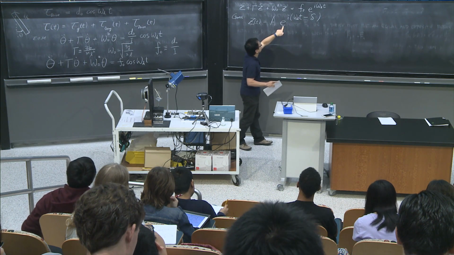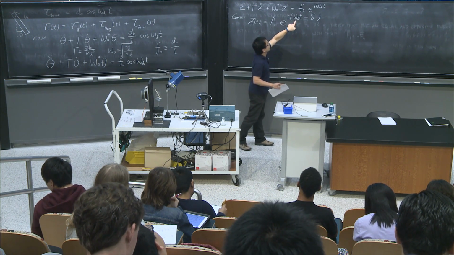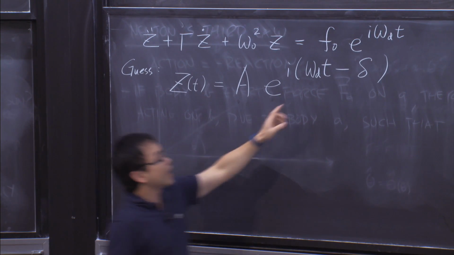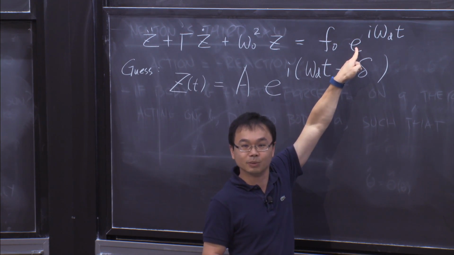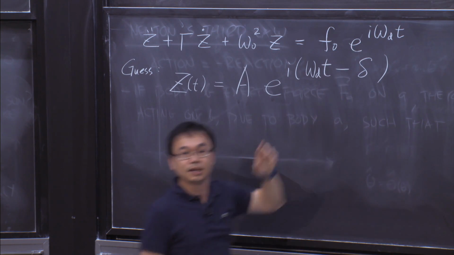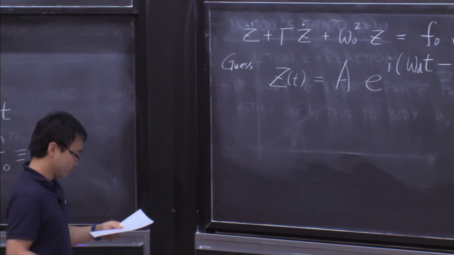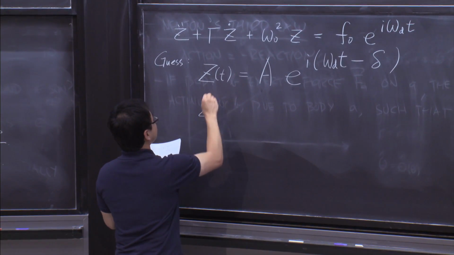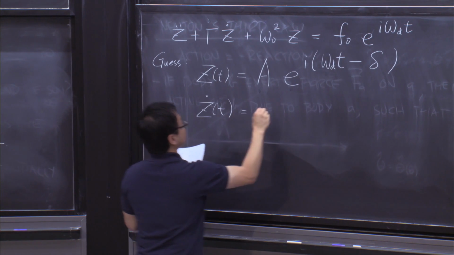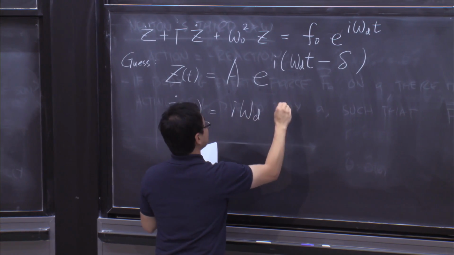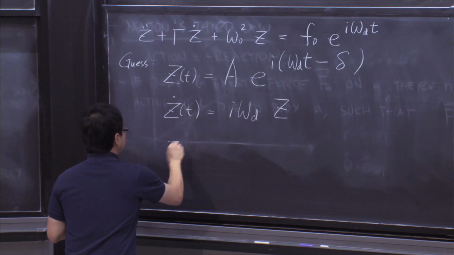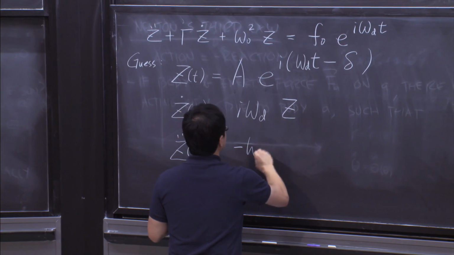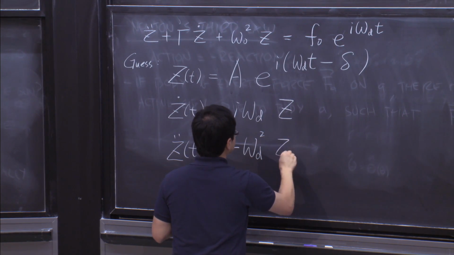You can see that this exponential has angular frequency ω_d, and that is designed to cancel this exponential i ω_d t in the drive force. Now we can calculate z dot of t, which equals i ω_d z, and z double dot of t, which equals minus ω_d squared z.